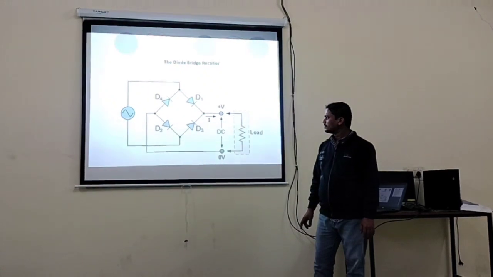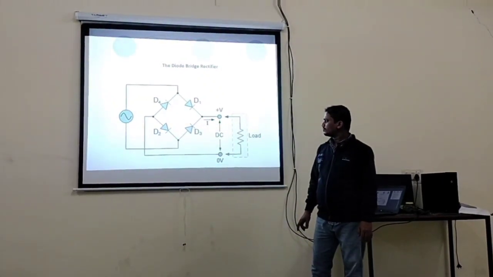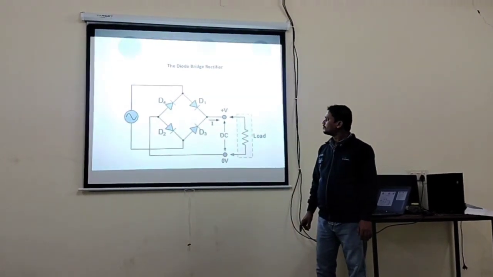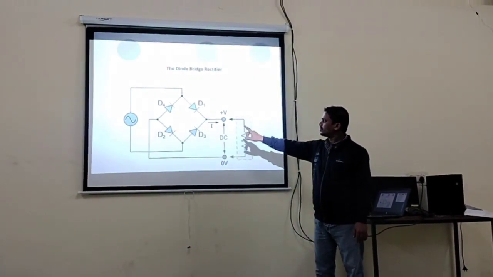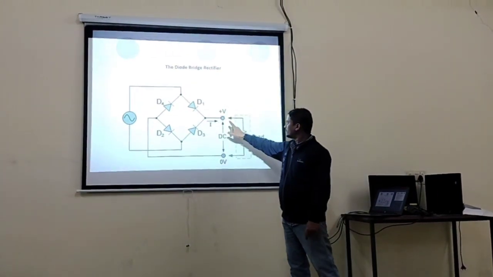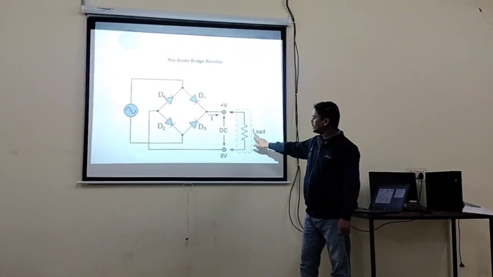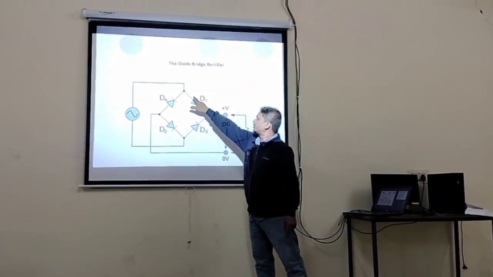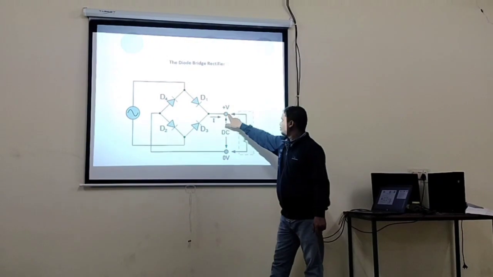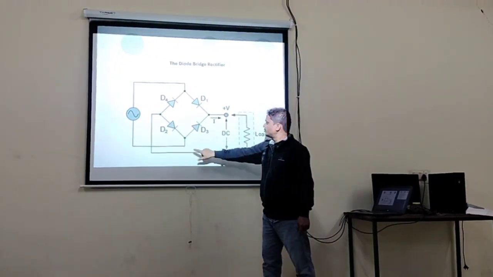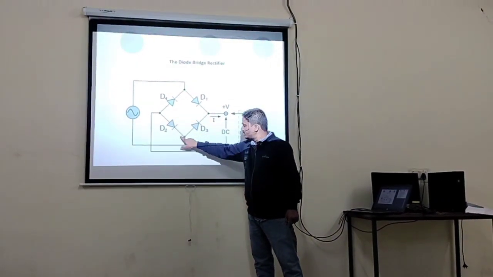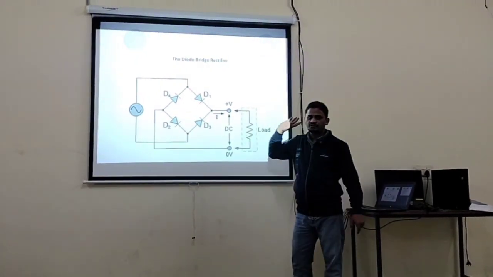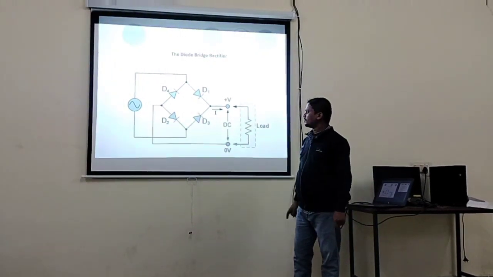Next, the positive half cycle given in the opposite manner: the current starts from D1 to the load, then from the load to D2, and then closes at the negative terminal. Next, the negative half cycle.